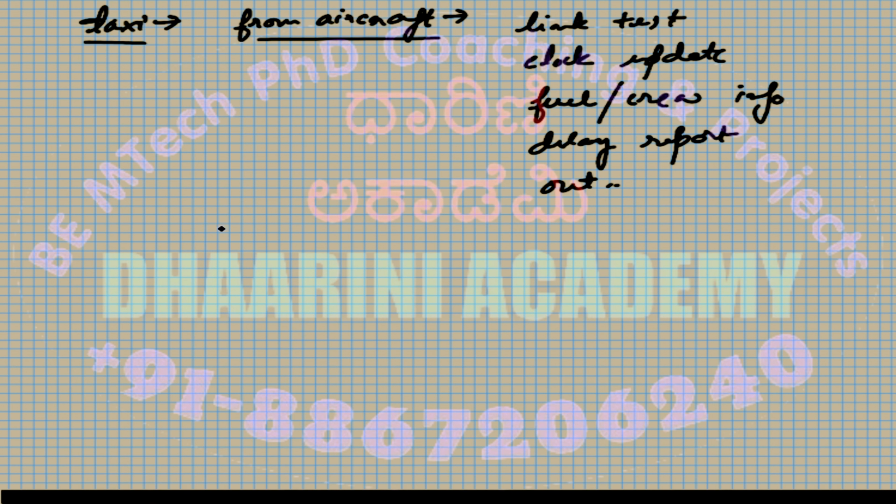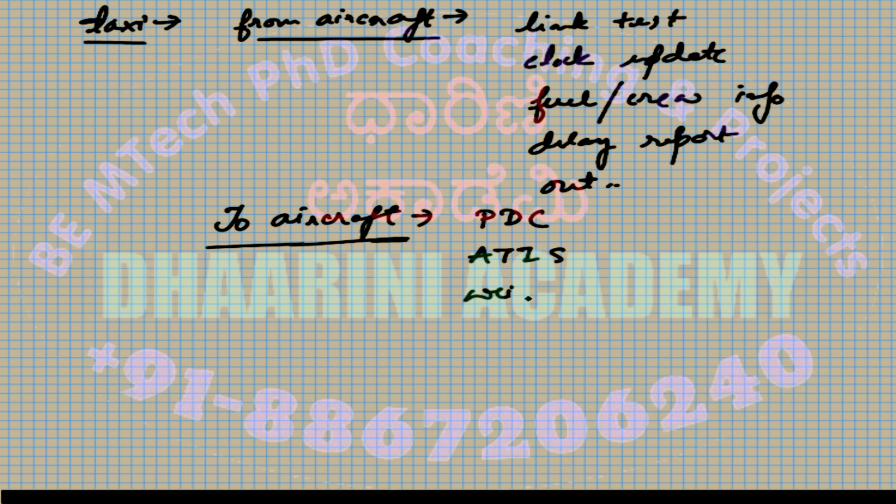Then this is to the aircraft, right? So the pre-departure checking and air traffic information systems. Then you also have to send the details of the weight or the balancing. Then you have to specify the speeds.